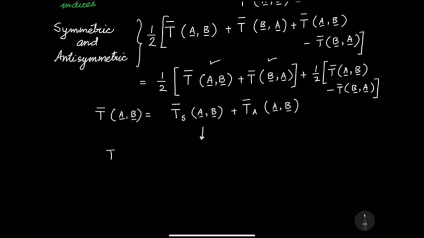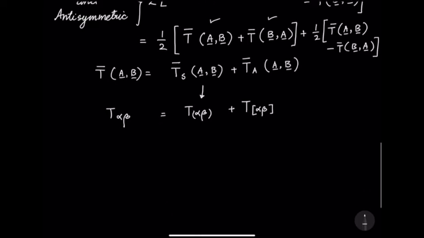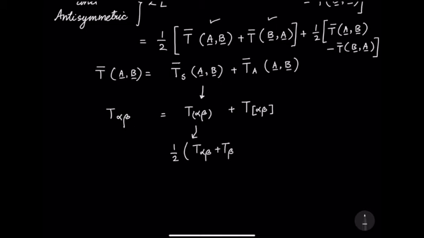So it is written the following way, that T alpha beta equals T alpha beta, and for the symmetric part one uses a parenthesis, and for the antisymmetric part one uses a square bracket, which, let me tell you explicitly once, means that here I have to do T alpha beta plus T beta alpha to get the component, and here I have to do T alpha beta minus T beta alpha.